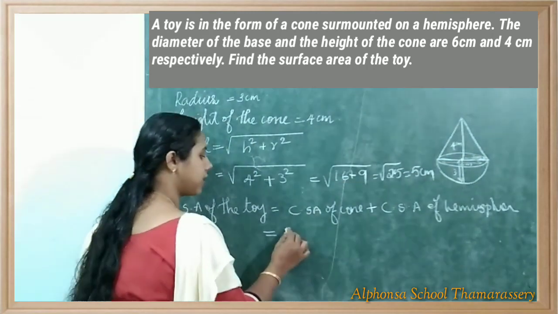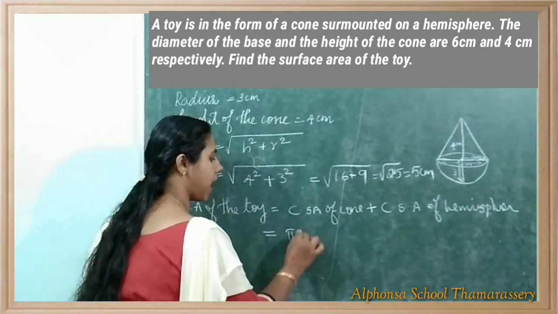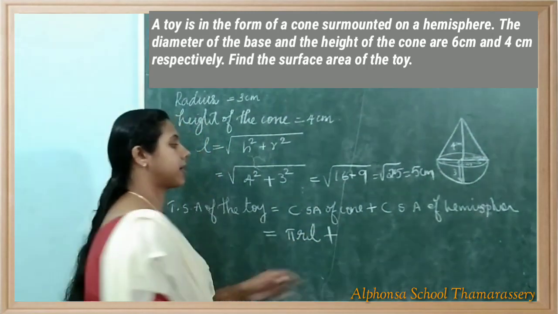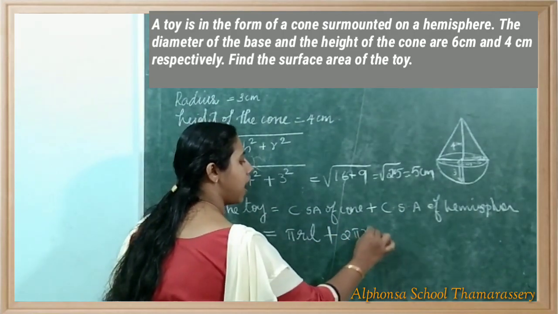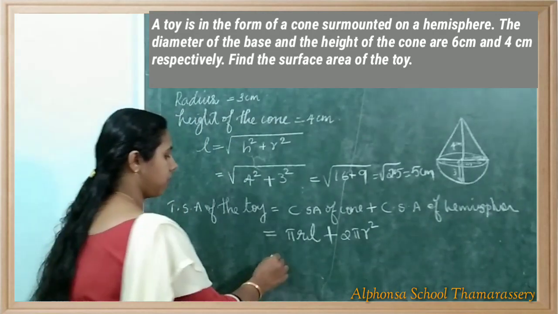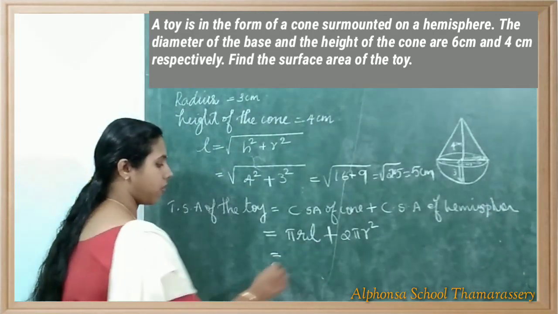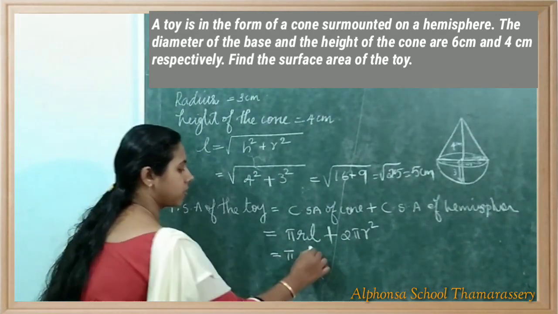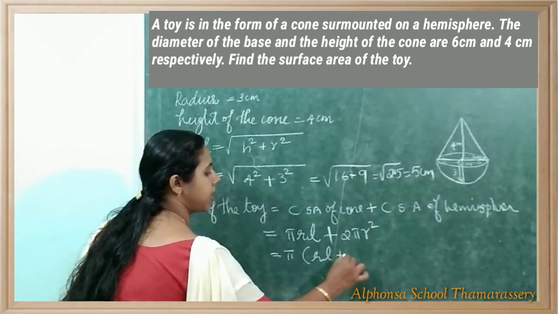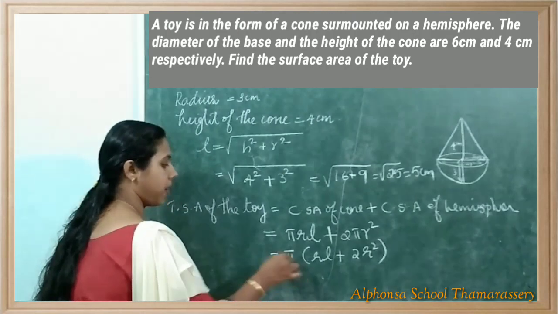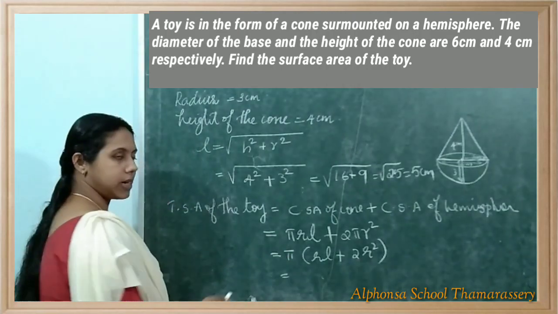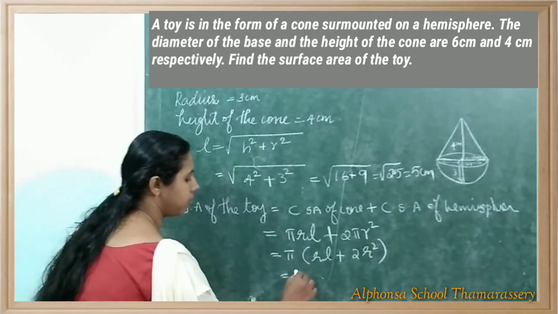We know that curved surface area of cone is pi r L plus curved surface area of hemisphere is 2 pi r square. In both terms pi is common, you can take it out. So it will be pi times r L plus 2 r square.